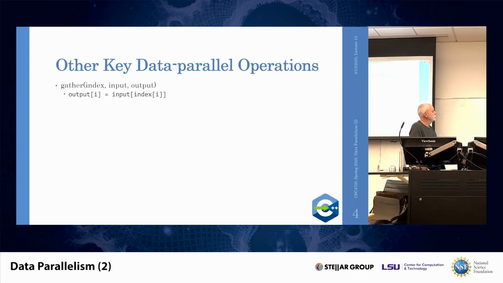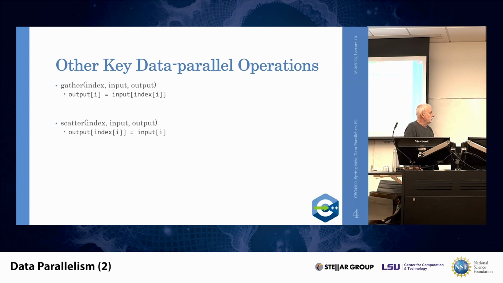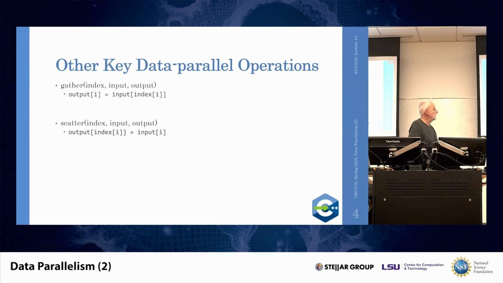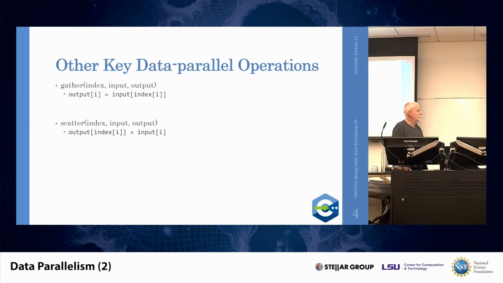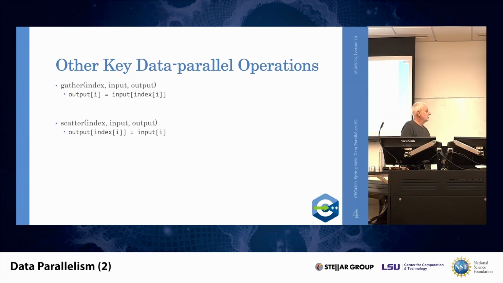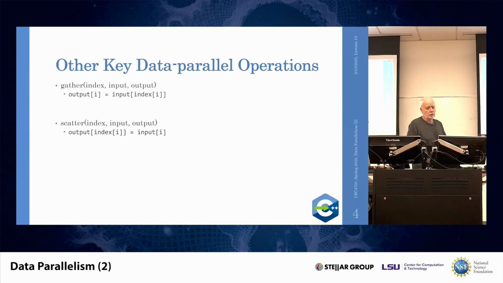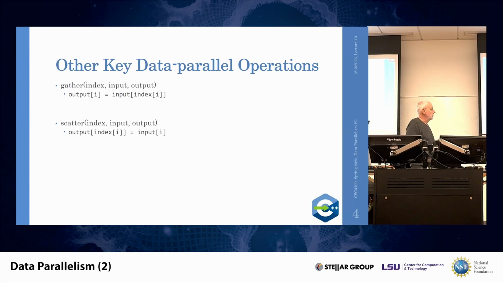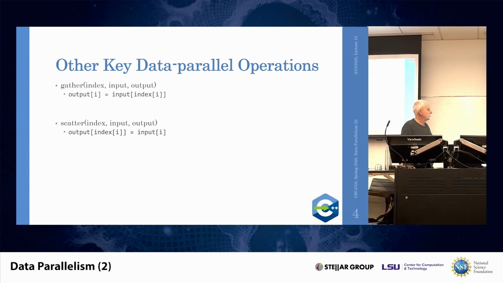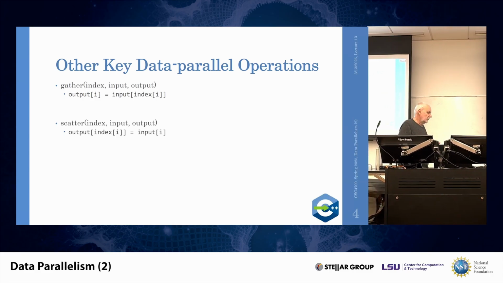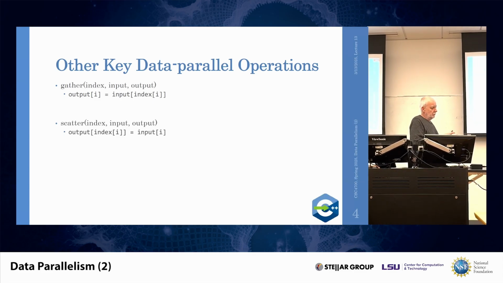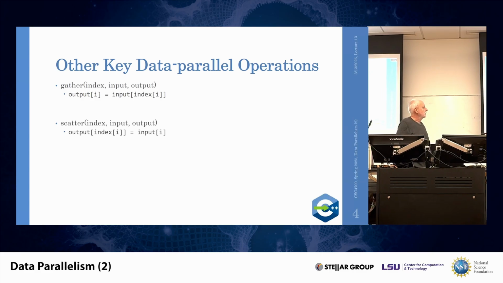Very simple operation. The other one is the opposite, the scatter, where you use again an index array, but this time you use the index array to reference the output, where to put things from a given input. And that allows us to distribute things in a mixed up way to some output.